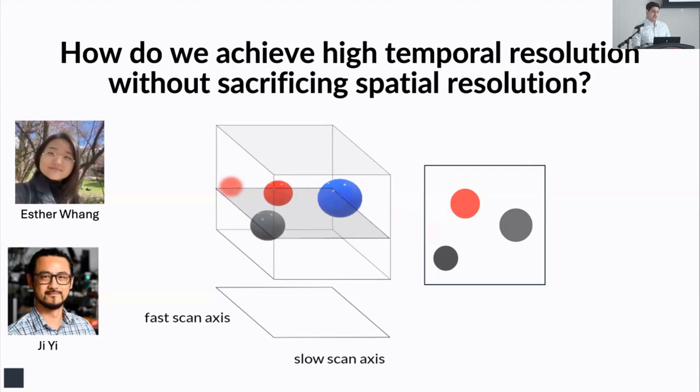There are two use cases, I guess, where this would benefit the field. One is, if we image faster, we can look at more types of fine scale dynamics of the brain. So we can go from imaging at 30 hertz to 600 hertz. Now we can go from seeing general changes in the neural state to seeing close to single action potentials in the brain, so single firing events.